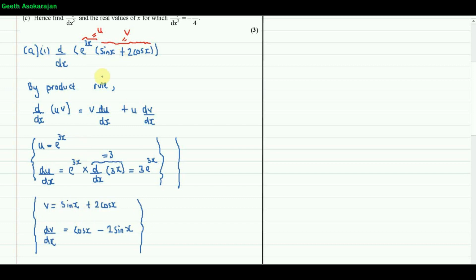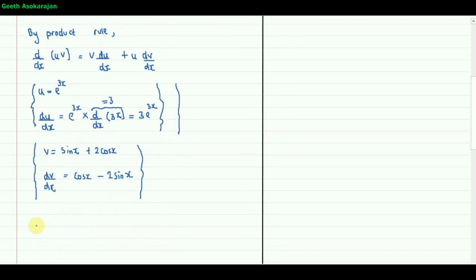Now let's substitute this into our product rule. So d by dx of u, where u is e to the 3x, into v, which is sine x plus 2 cos x, multiplied by du over dx.